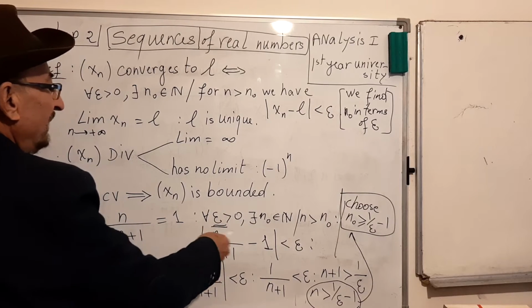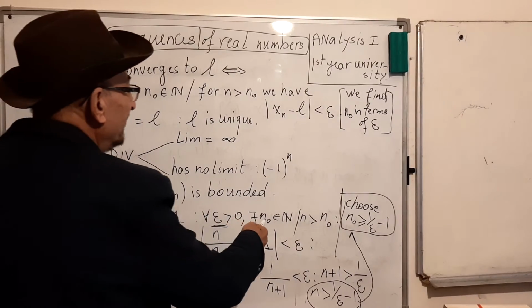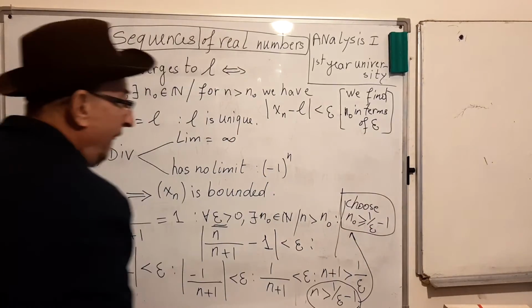We consider any real number epsilon positive, and we find n0 in terms of epsilon.